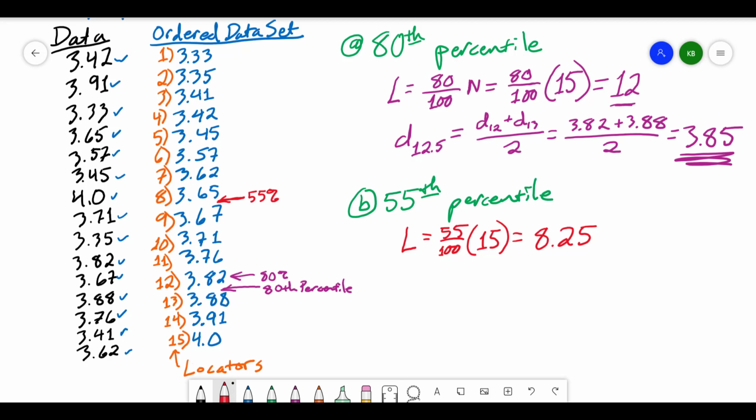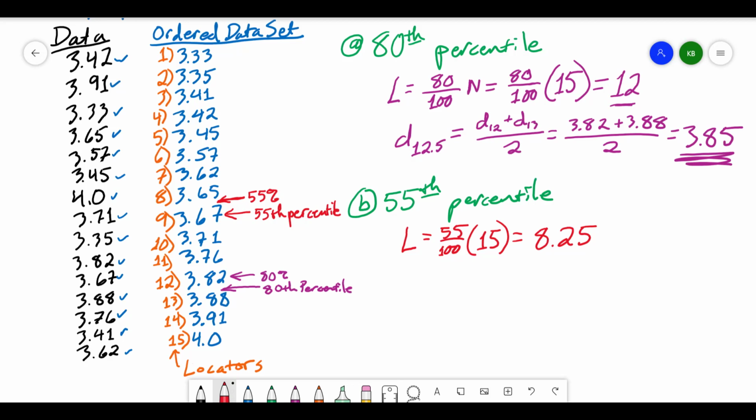Now, we don't have any data points there at our 55%, but with the potential for more data to come in, and that something could be there, what we do is we go up to the next data point that we have, and we make that our 55th percentile. So that guarantees that even though it's not one of our data points right now, we have it that 55% of our data is below our value.